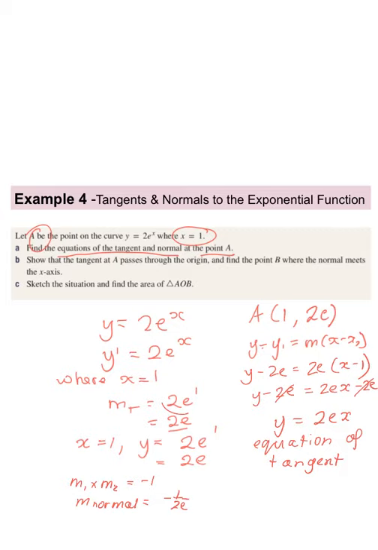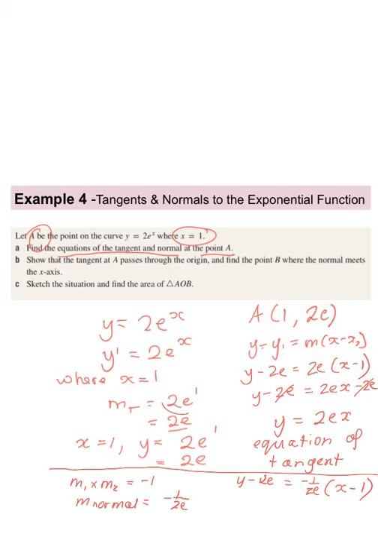And now to find the equation of this normal, we're going to substitute that into our point gradient formula. Y minus y1, which again is 2e, equals -1 on 2e times x minus our x1, which is 1.